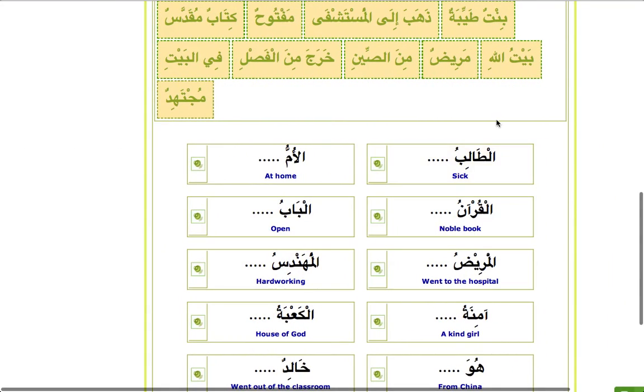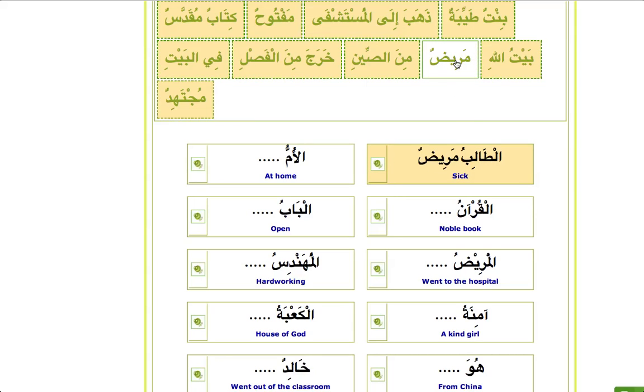Let's do a little bit more practice, inshallah. So we got here a mubtada, and here there is a khabar for the mubtada. So at-talibu is sick. So we'll put maridun. We've already done this, just to revise you. Al-ummu, at home. So we need to have, here the khabar is one word. Now we got to have a jar majroor.